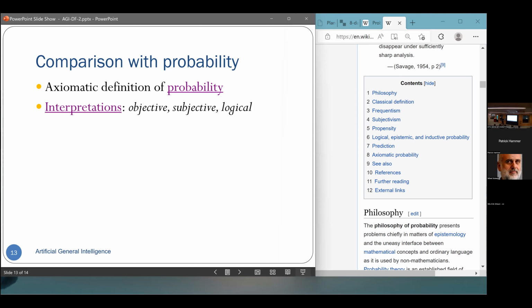For example, an example often used in the US is who will be the next president of the country. That's a one-time event, and different people have different opinions. That's purely subjective. You cannot really talk about what the true probability is. That doesn't make sense.